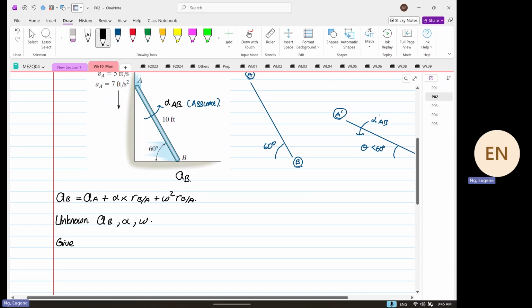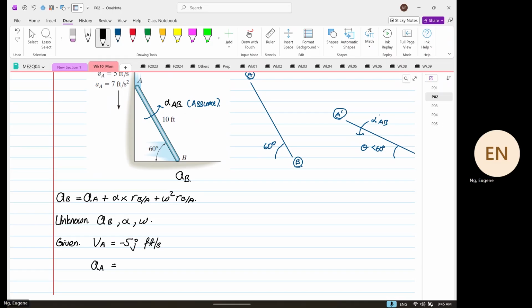Given, we have velocity at point A, which is equal to minus 5 feet per second. When I put minus, it's because it's coming down in a Cartesian format. And we know that acceleration at point A is minus 7 j feet per second squared.